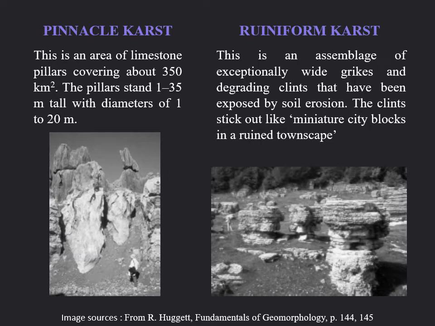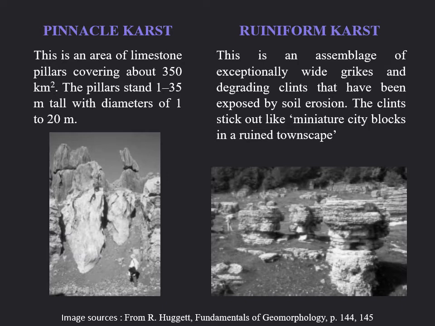Next is the pinnacle karst. Now, when the exposed rock surface, as you can see in the previous case, in the exposed rock surface, chemical reaction will occur in the joint planes or fracture planes. Now, when this process becomes more intense, the grikes become very large and deep.